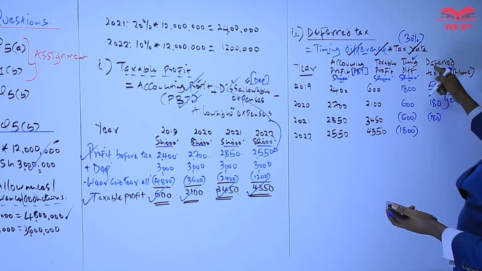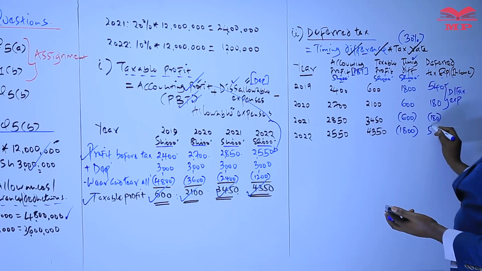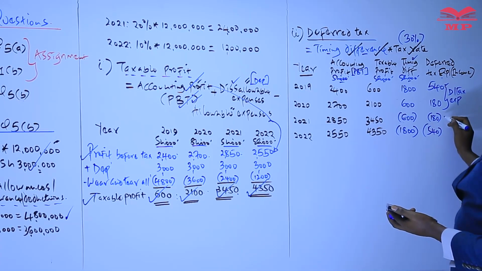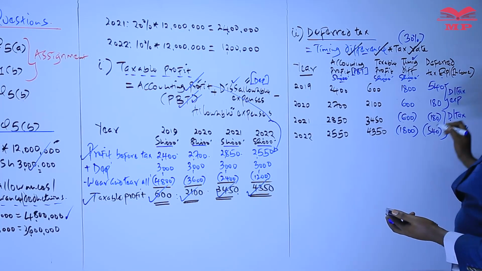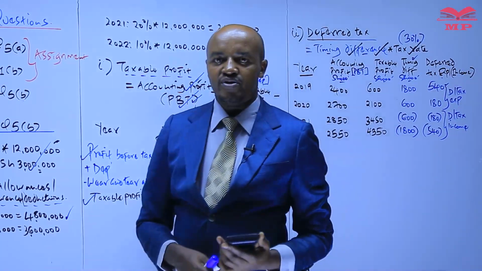A negative figure we have said is a deferred tax income. What about here? This will also be 540, which is still a negative. So this is deferred tax income.